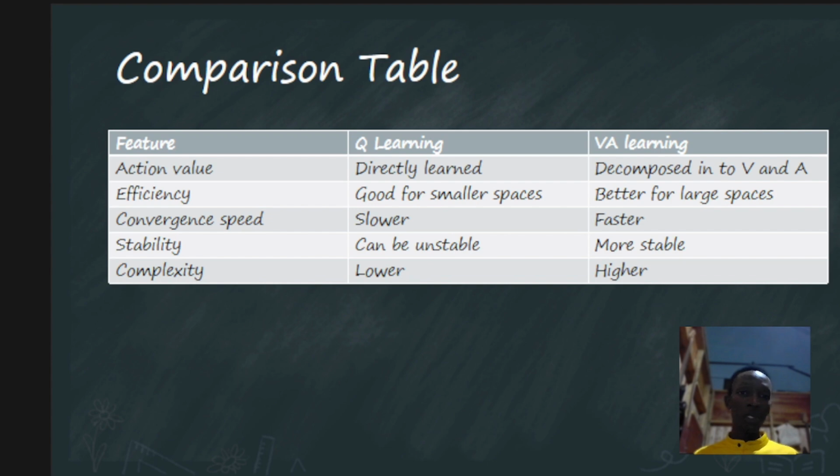On convergence speed, Q learning is a bit slower, but VA learning is faster. On stability, Q learning can be unstable while VA learning is more stable. And according to complexity, Q learning is a non-complex model whereby its complexity is lower, and VA learning's complexity is a bit higher.